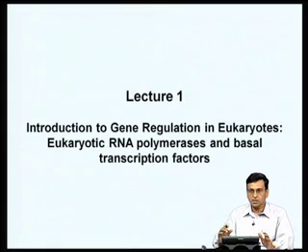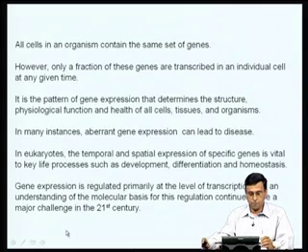This is the crux of today's class: how RNA polymerases transcribe a gene and how certain protein factors called basal transcription factors assist the RNA polymerases to recognize what we call promoter elements and then regulate the expression of various genes.